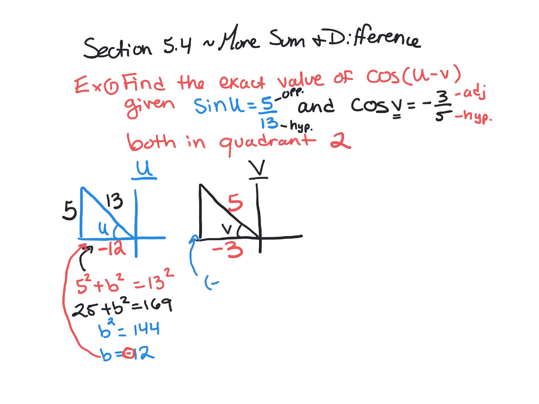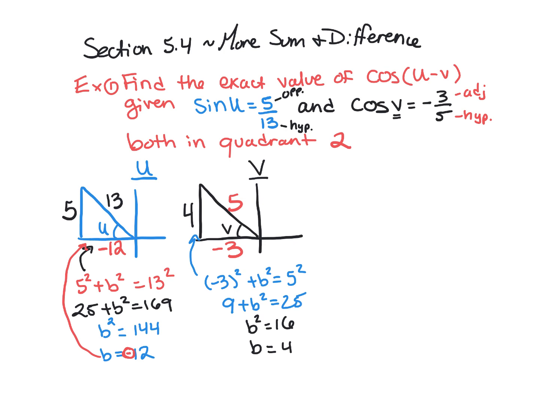So we'll have -3 in parentheses squared plus b squared equals 5 squared. So 9 plus b squared equals 25. Solve for b. If we subtract 9 from both sides, we get b squared equals 16. So b equals 4 if we do the square root. And our opposite side here is the vertical side of this triangle in quadrant 2. That's going to be a positive y value, so positive 4 for that side.